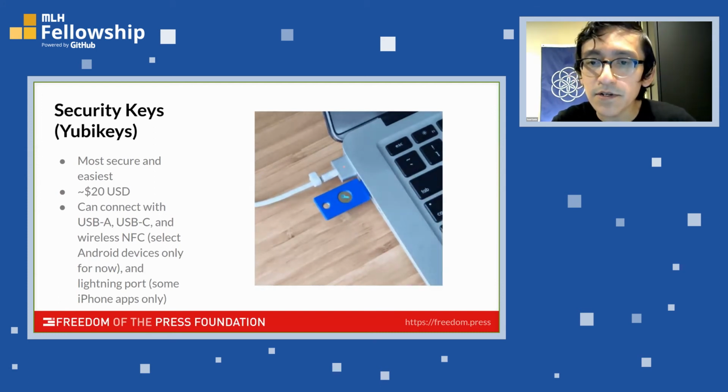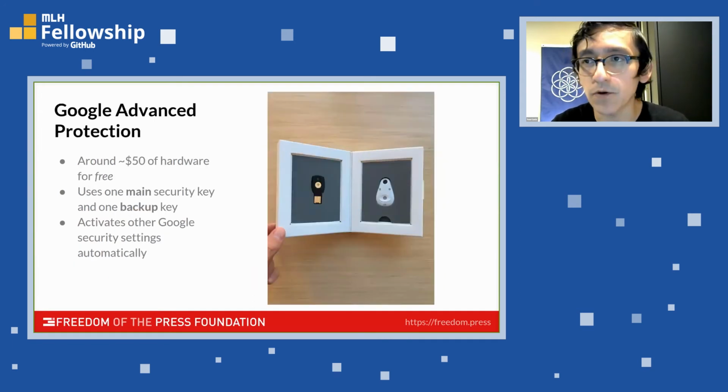Then of course, the kind of hardcore option is having only security keys, and there's a few specific reasons to do this. Google Advanced Protection has a partnership with us that lets us distribute these to more high-risk journalists.